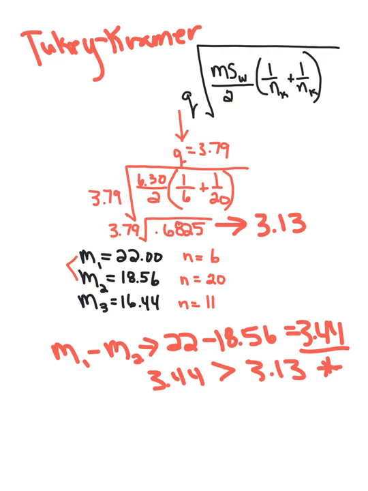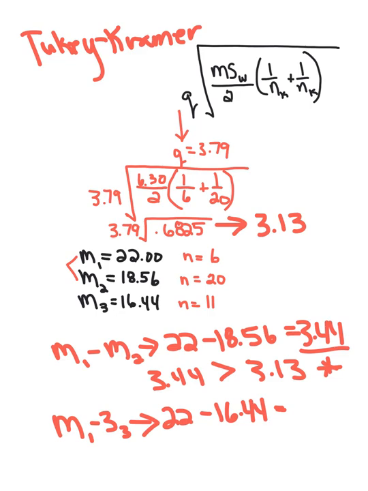So what we want to do is basically get the difference between all the possible combinations, but we need to have basically a Tukey-Kramer to compare all of them. So now I'm going to look at mean 1 versus mean 3, okay? Mean 1 is 22, but mean 3 is 16.44, okay?